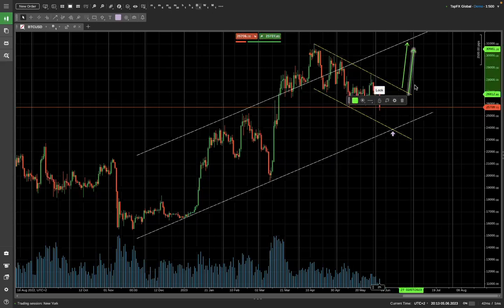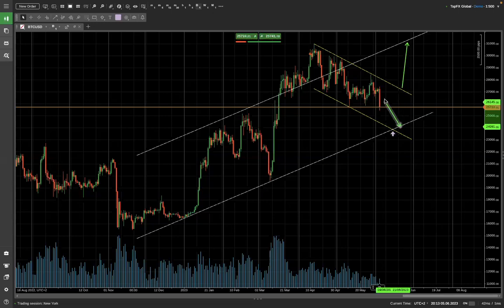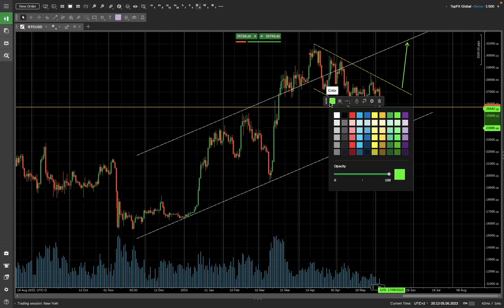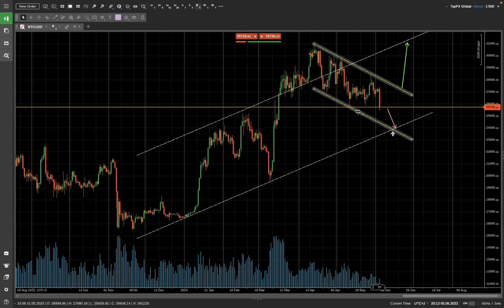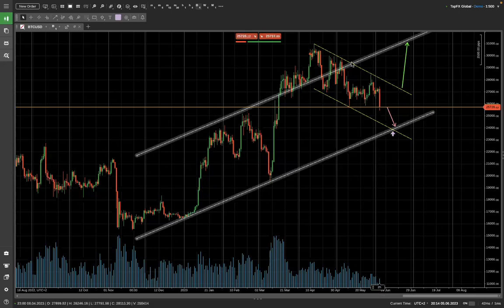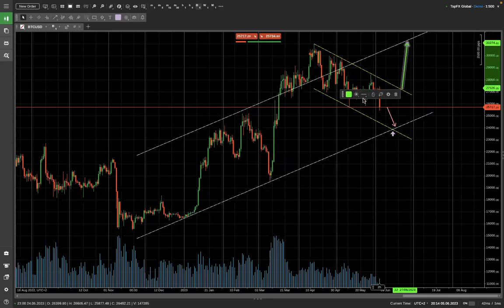Okay, if I duplicate this channel, this arrow, and turn it around, the situation we are now waiting for is for this market to go lower, down towards the lower channel line, the bigger one, and the smaller channel line as well, and then either break lower and move out of the channel, which will be a very good indication of a trend change from the uptrend to the downtrend, or a reversal and a movement to the upside.